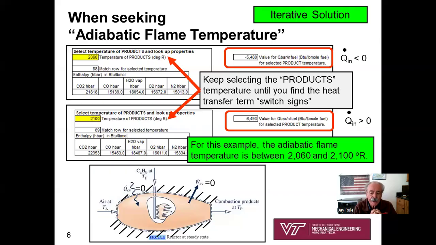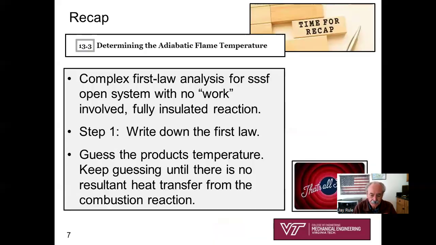So you can see a lot of practical applications about determining the adiabatic flame temperature. So there is a need for this. We're not just being mean and deciding to torture you with computations. So I hope that my automated tool might help you as you go through these very complex calculations.